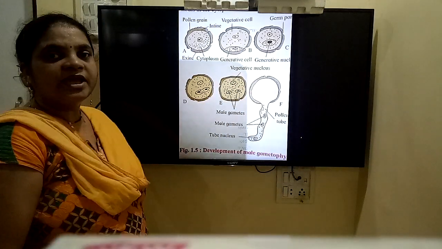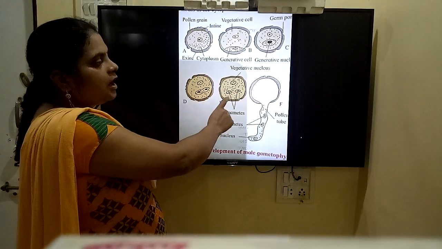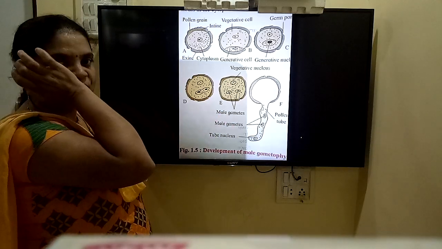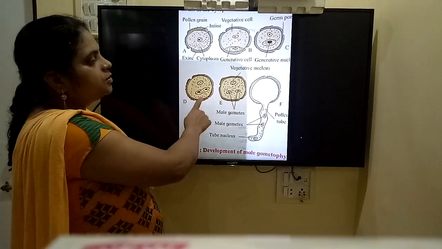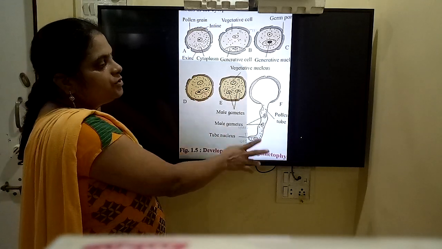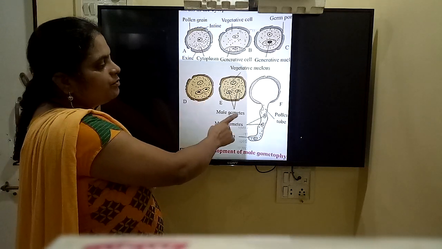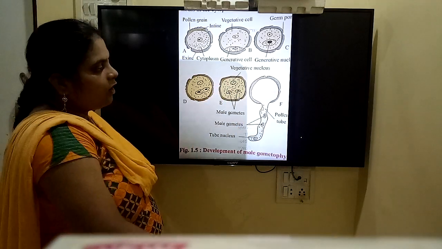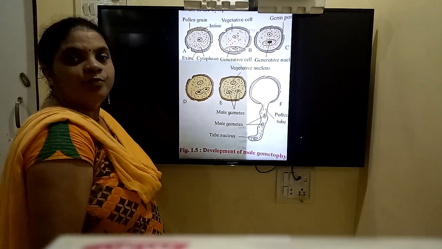Now in the second mitotic division, the generative cell starts to divide and forms two male gametes. We observe these two male gametes because the cell divides mitotically. Here there are two conditions we can observe. The generative cell divides into two male gametes inside the pollen grain, or the generative cell divides in the pollen tube.